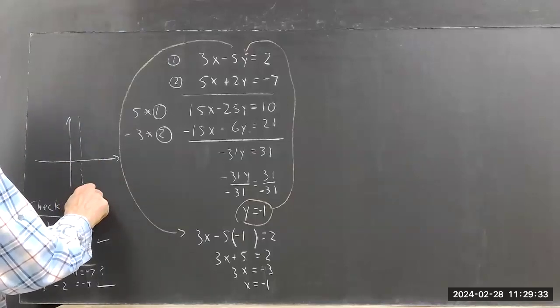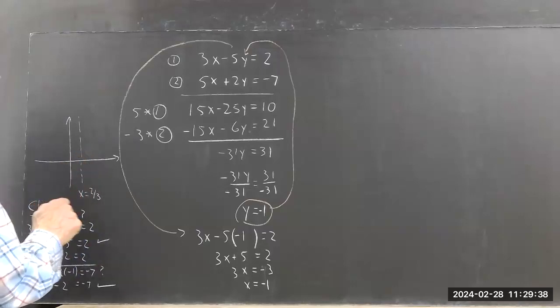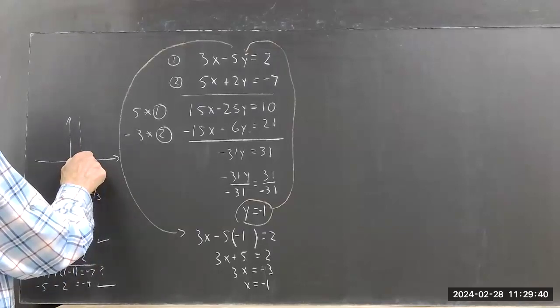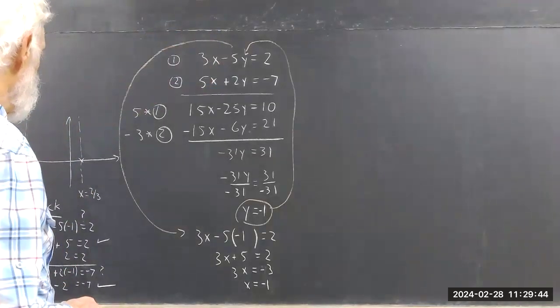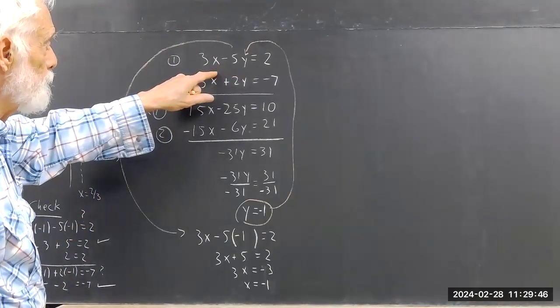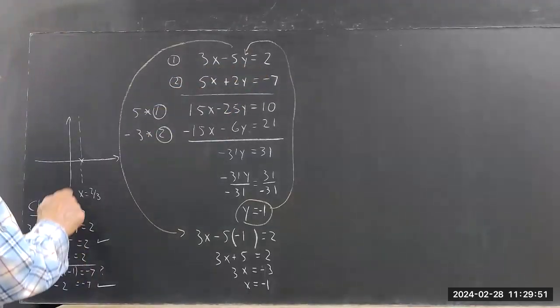So x equals 2/3 here, and I know that this is going to be a point on the graph of this function. And when x equals 0, you get 5y equals 2, so y is 2/5.